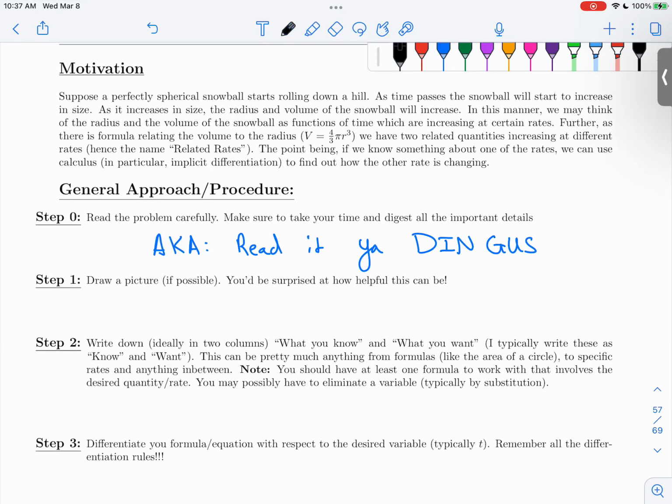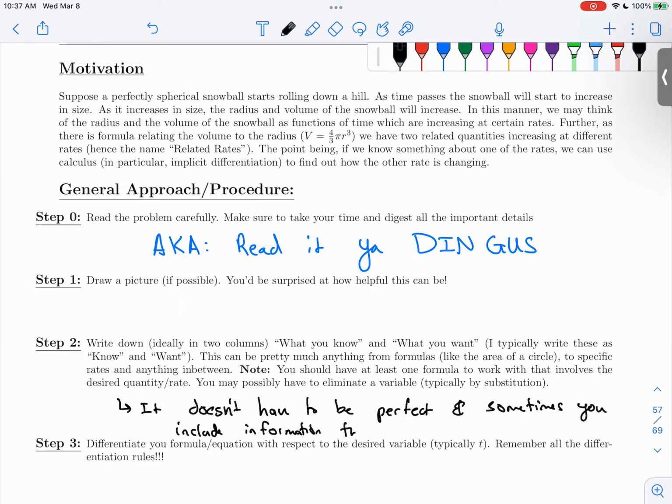One thing I want to add under step 2 though is it doesn't have to be perfect. Sometimes you include information that's not needed. That's okay.